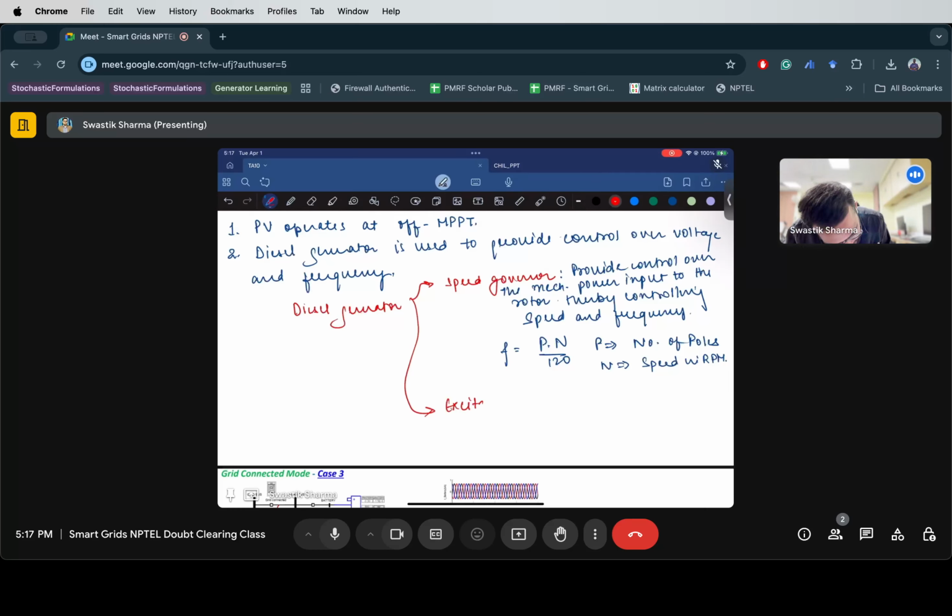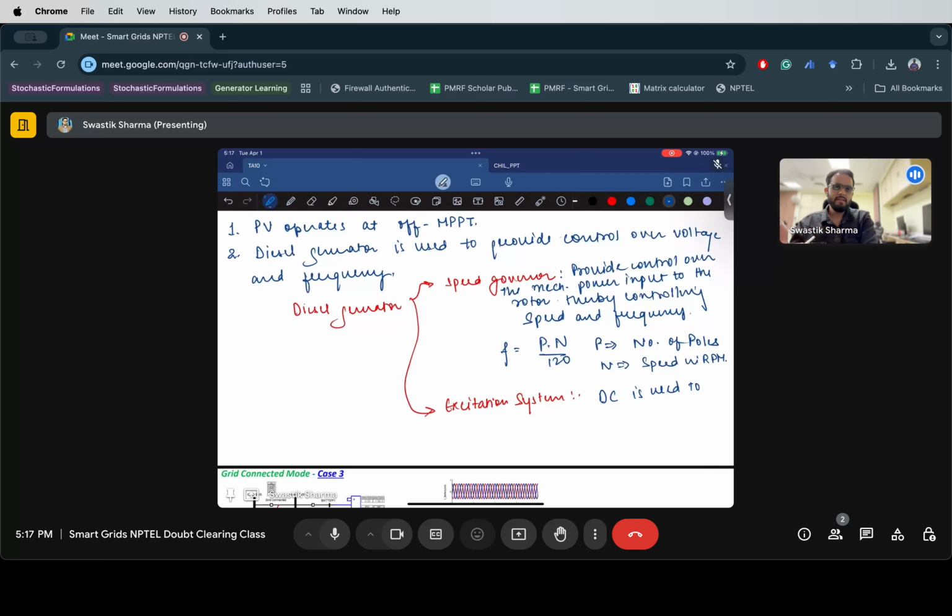As we know, the excitation of an alternator, a synchronous generator, is a rotor winding being excited by a DC excitation system. Where the rotor windings are connected, we just provide a DC current, right?